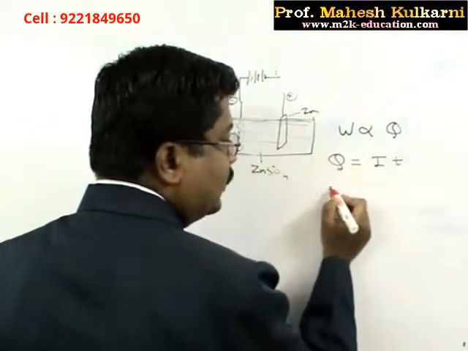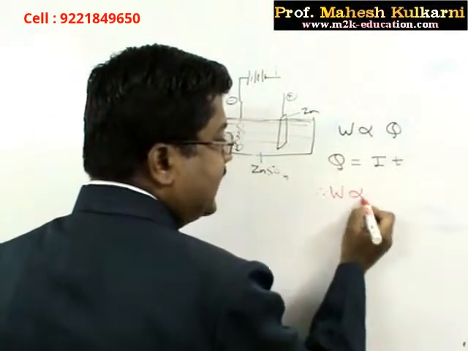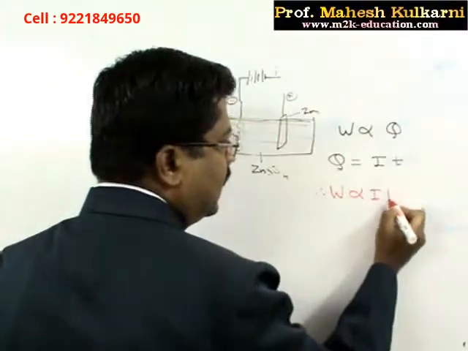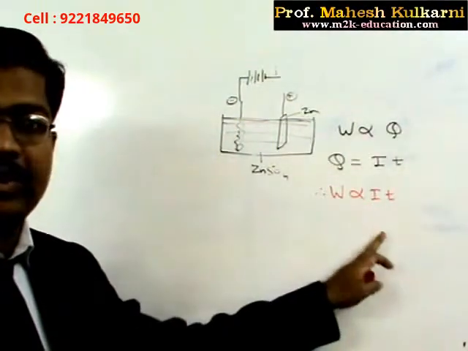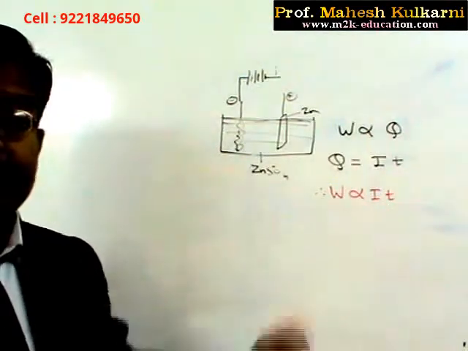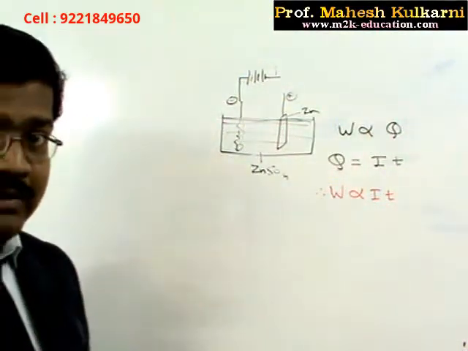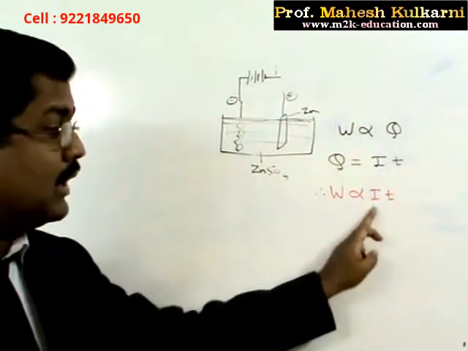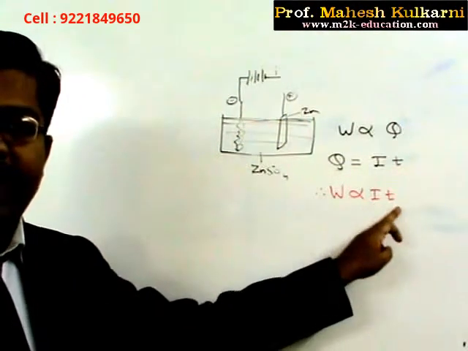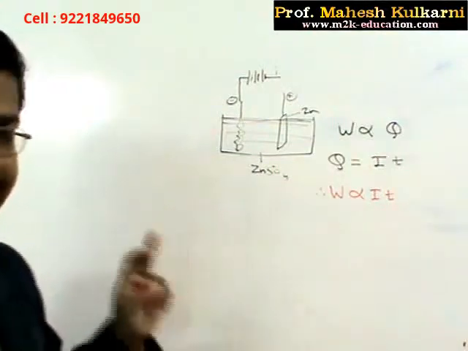Therefore, I can substitute that W is directly proportional to I into T. So first we established it for T, but now we are stating it this way. This is Faraday's first law: the weight of substance deposited on the cathode is directly proportional to the amount of current and the time in seconds.